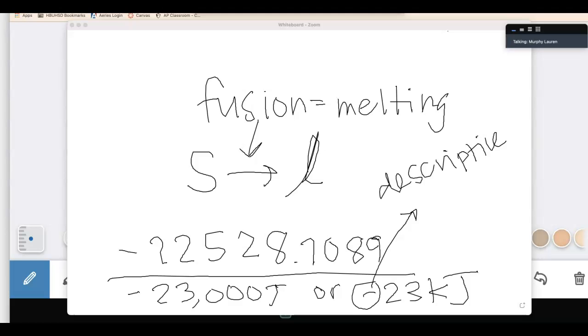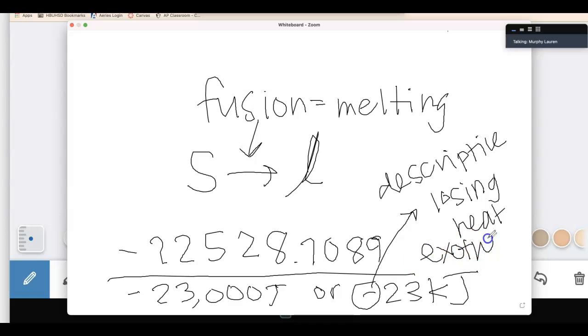So when I say it's descriptive, they're trying to tell you where the heat is going. So if you get a negative value, you are losing heat. Heat is leaving the system. Heat is being given off. Exothermic, exiting.